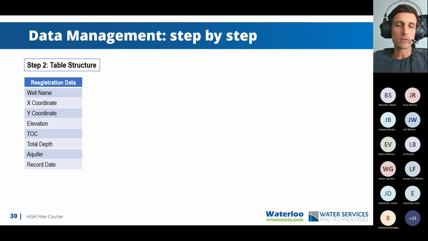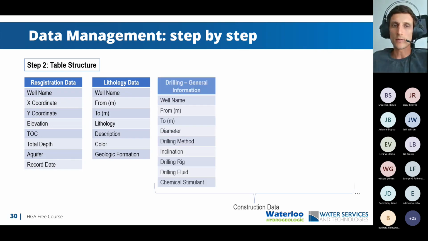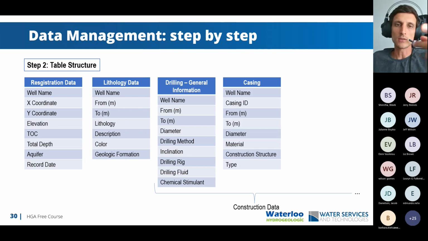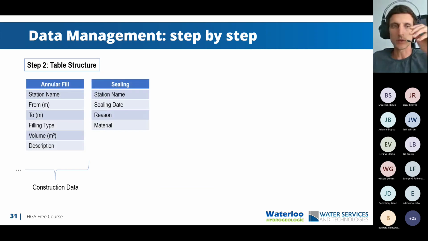This table will have the well names, the coordinates, the elevation, and specific information of our wells. We're going to have a specific table for lithology data, and specific tables for construction data of our wells: drilling information, casing, screen, annular fill, and other tables that we could have.